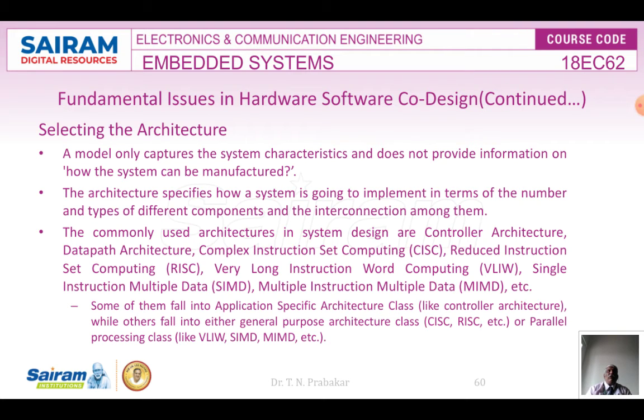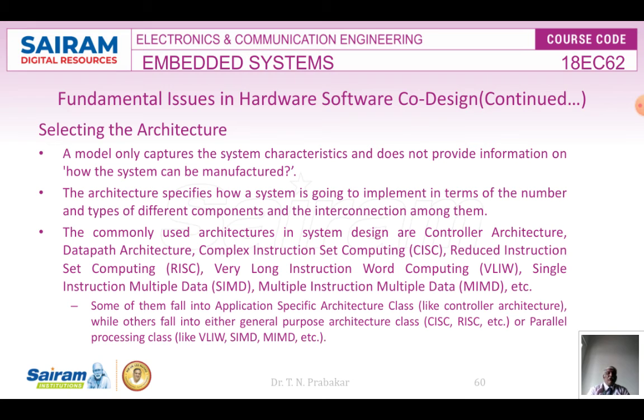Now what are the different architectures that can be useful for processing the data? One is the data path architecture, then complex instruction set computing, reduced instruction set computing, very long instruction word, single instruction multiple data, or multiple instruction multiple data, etc. These are all different hardware architectures that can be used in embedded systems, and some of them fall into application specific architectures, which are useful only for that particular application, and a few are general purpose architectures, something like CISC or RISC.